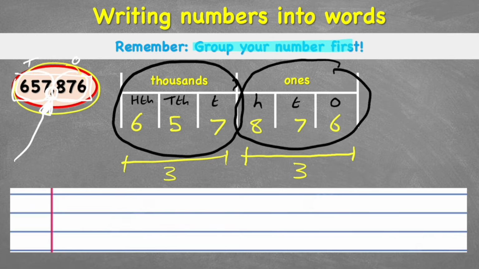So again, all I need to do at this point is say what I see. And I can see here 657. And what group are we in? We're in the thousands.